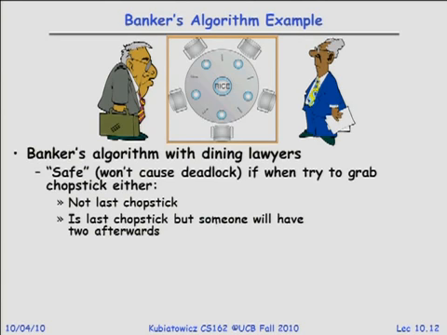Okay, so let's take this first example here. Suppose I'm asking for a chopstick, 1 chopstick at a time, and it's not the last chopstick. Okay, so why does that come out okay with the banker's algorithm?